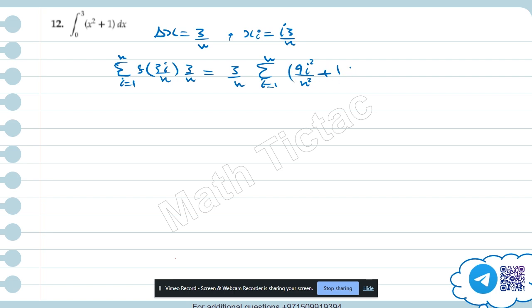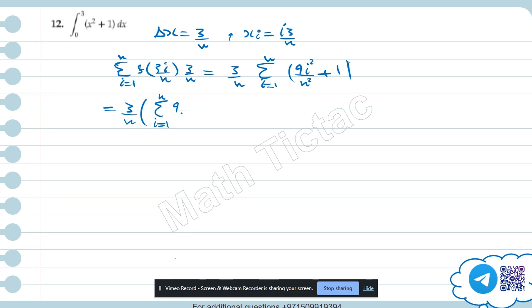Let's take 9 outside, it will be easier for us. So this is 9 over n squared, i squared, then plus sigma notation, i equals 1 to n, 1.